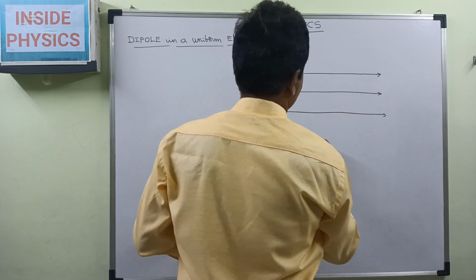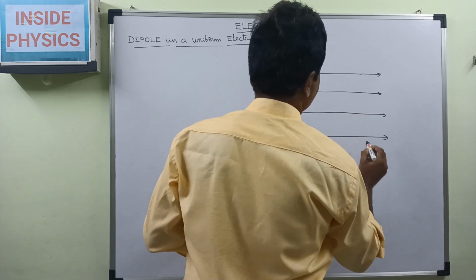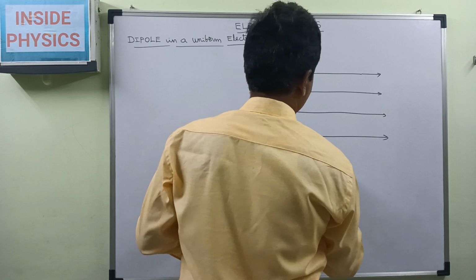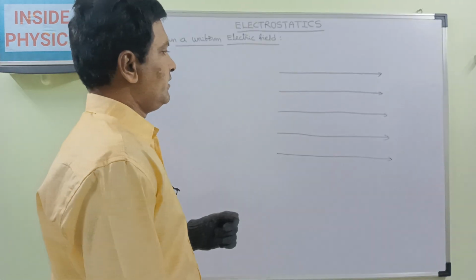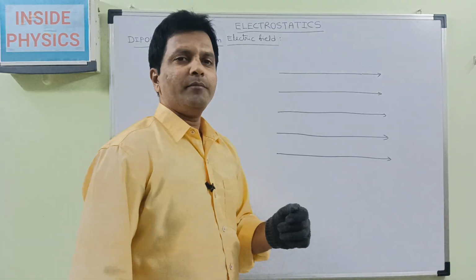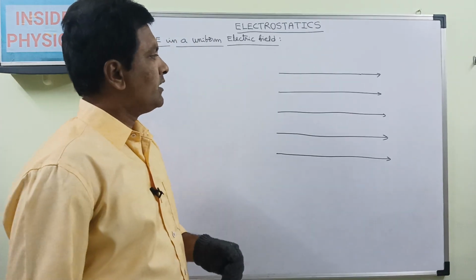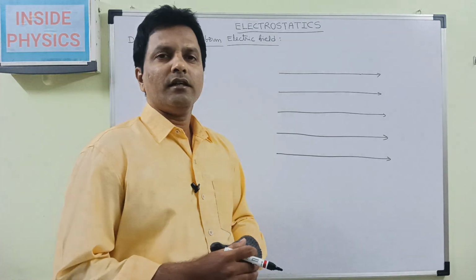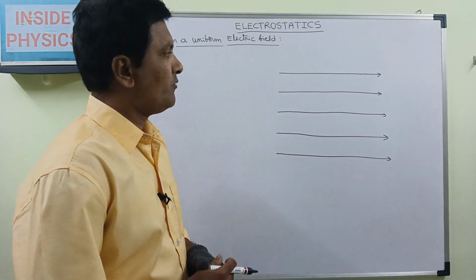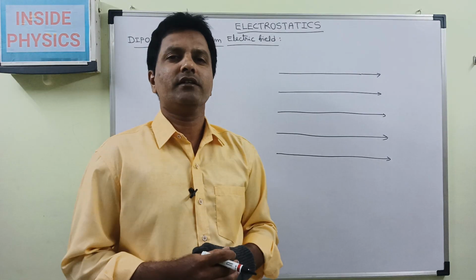The electric lines of force will be parallel to each other in a uniform electric field. If we place a dipole in this electric field, what will be the condition of the dipole and what are the forces acting on the dipole?